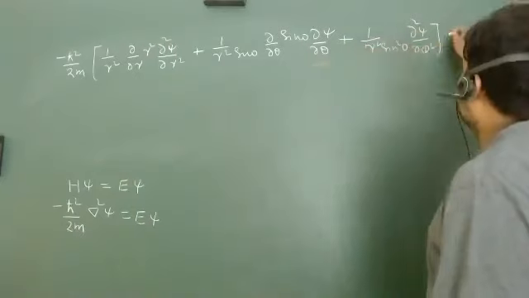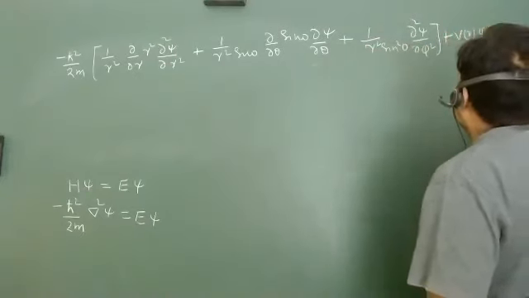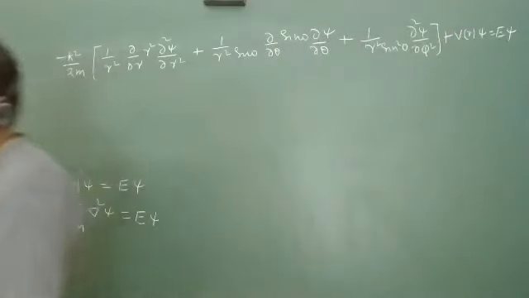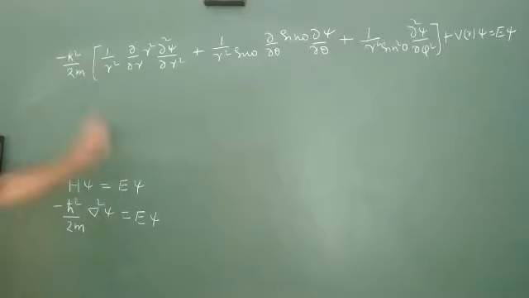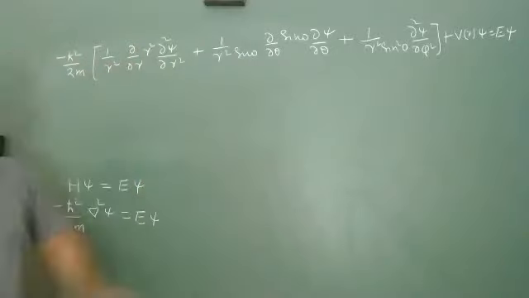This is your kinetic energy plus potential energy, V(r) psi equals E psi. So this is the total kinetic energy.